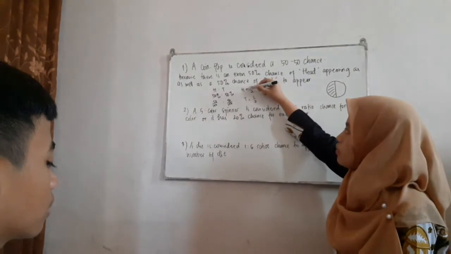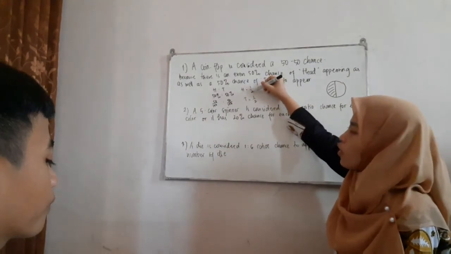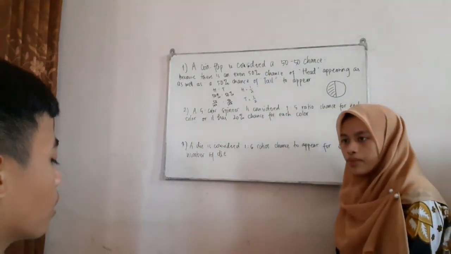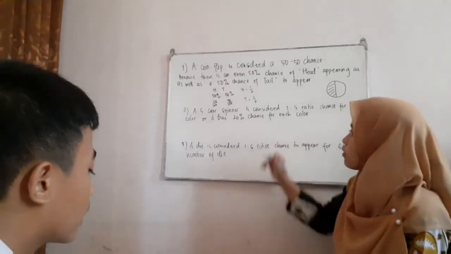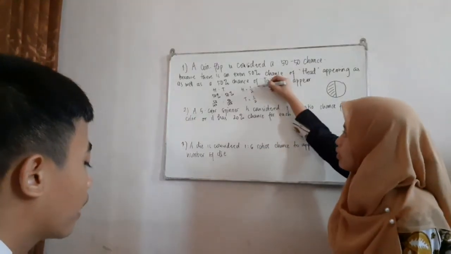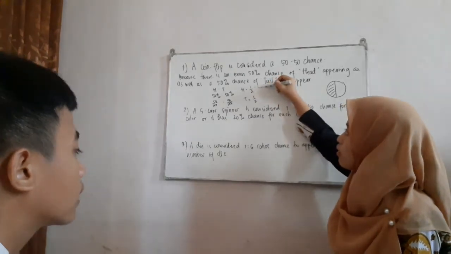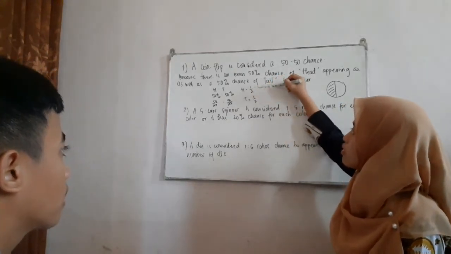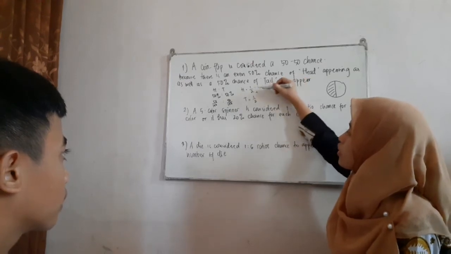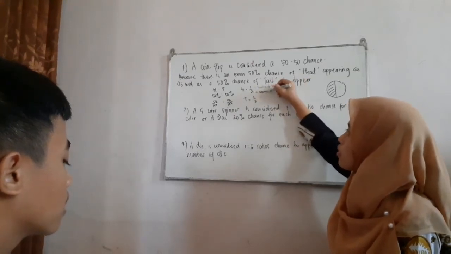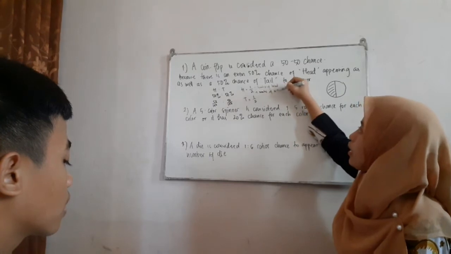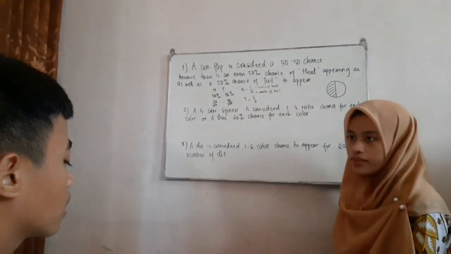What does it mean that head is equal to 1 over 2, or a half? 1 represents the number of head, and 2 represents the number of head or tail. Yes. Good answer, Sandy. It's the number of head and tail.